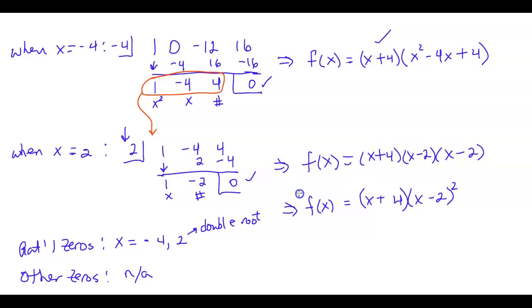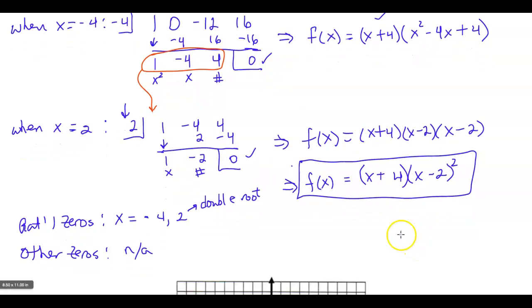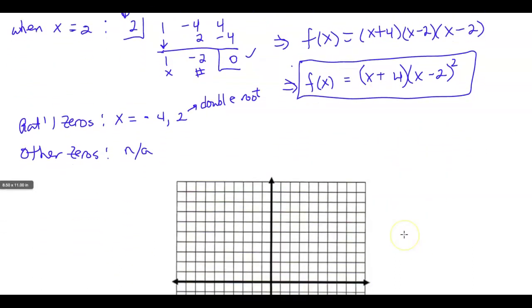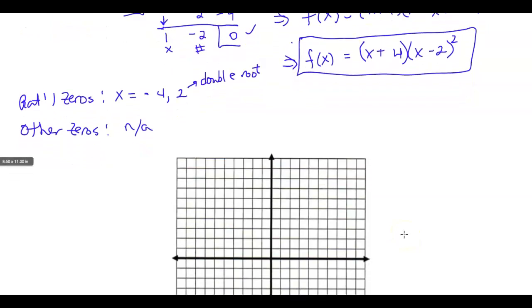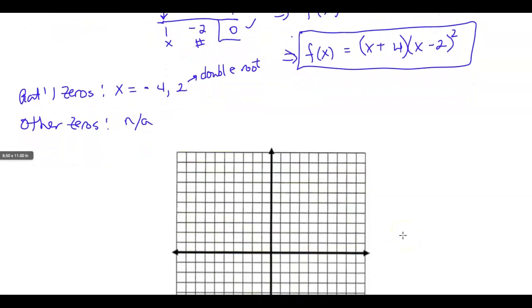What is our function factored out as a product of linear factors? This is what that looks like. And then finally, we need to graph what this particular polynomial is going to look like. And so now we're going to go back to concepts that if you're studying this, you've probably already learned.